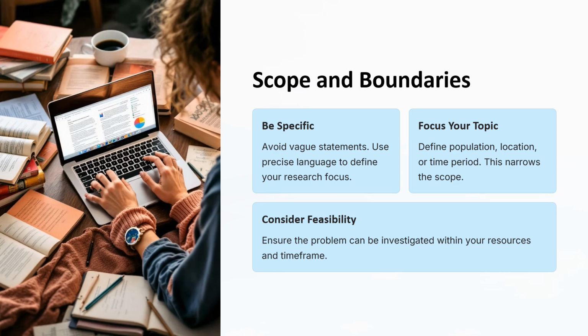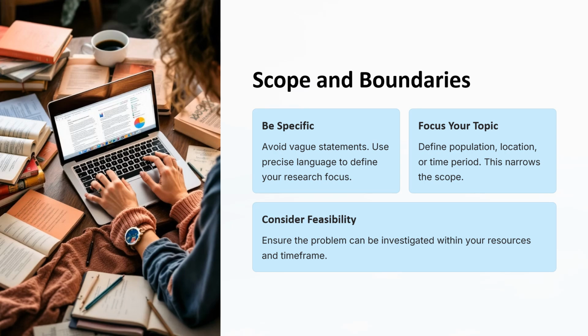So you have to be specific enough so that you know that your statement of the problem is precise, is clear, and is straightforward, that everybody knows that this is the topic you are talking about, and this is the problem you are looking at. Okay, you focus on the topic.